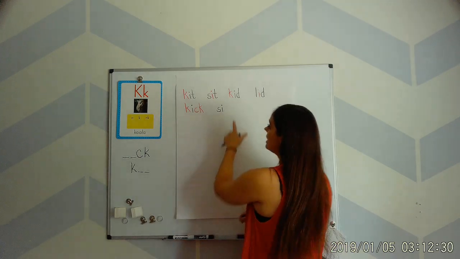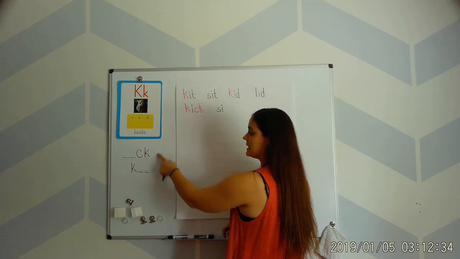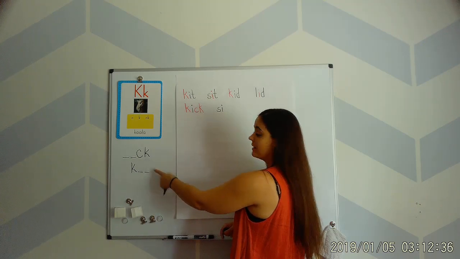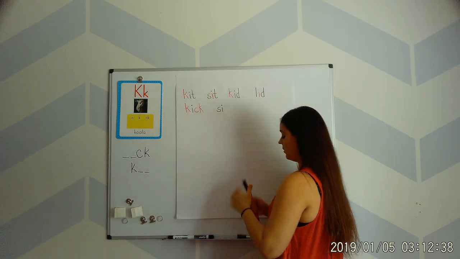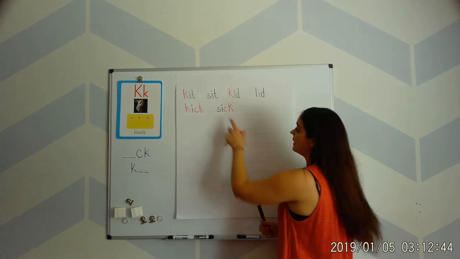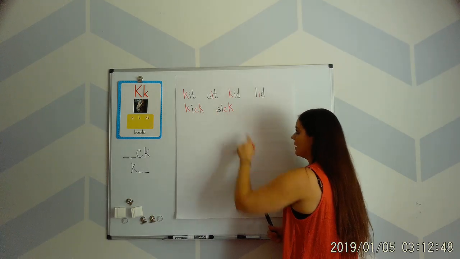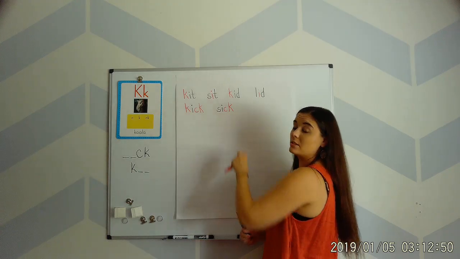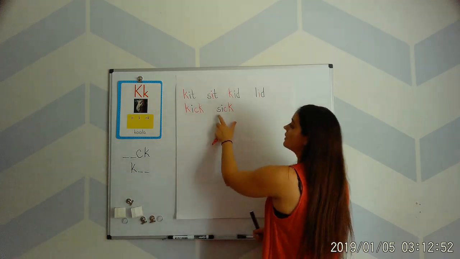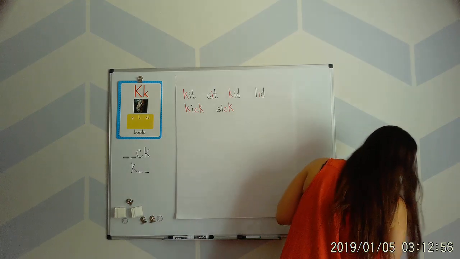The K sound. Now, since it's at the end of the word, how do you think we're going to spell it? Go ahead and shout it out. CK. That's right. We're going to spell that K with a CK. So let's go ahead and blend that. S, i, k, sick. Okay, remember, 4 letters, only 3 sounds. S, i, k, sick. Excellent.